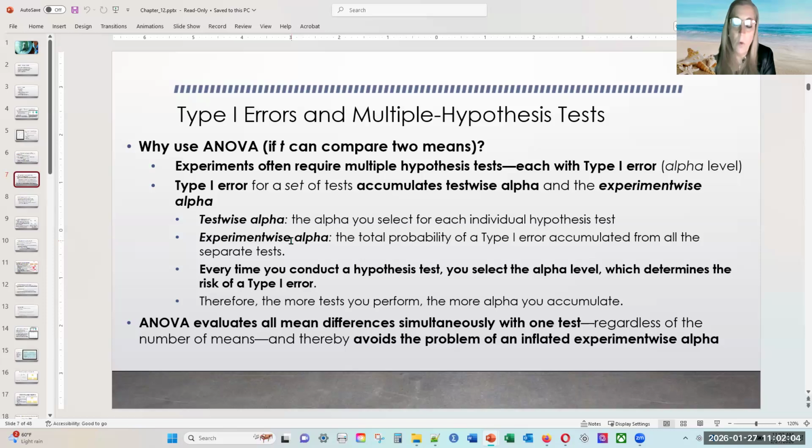Experiments often require multiple hypothesis tests, and each of those tests, if you were to do a t-test, would have a certain amount of type 1 error or alpha level. And type 1 error for a set of tests will accumulate as test-wise alpha and experiment-wise alpha. The term test-wise alpha is the alpha that you select for each individual hypothesis test.